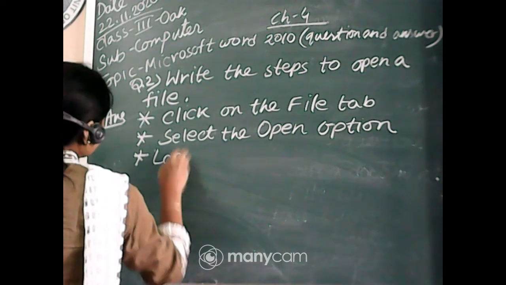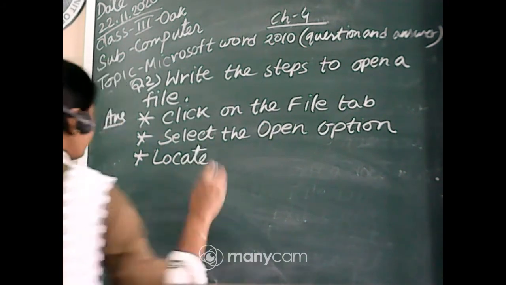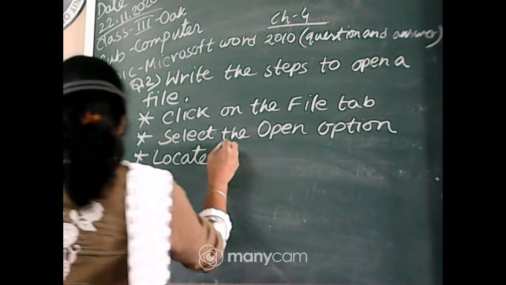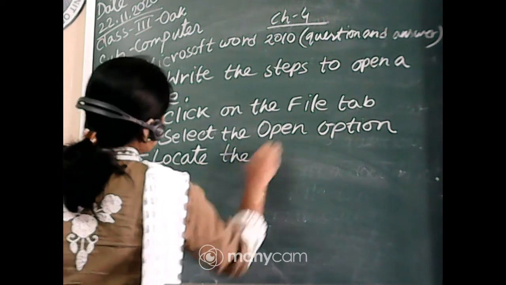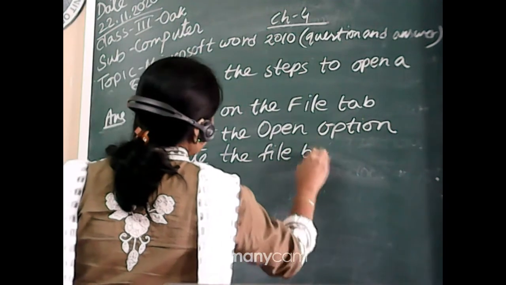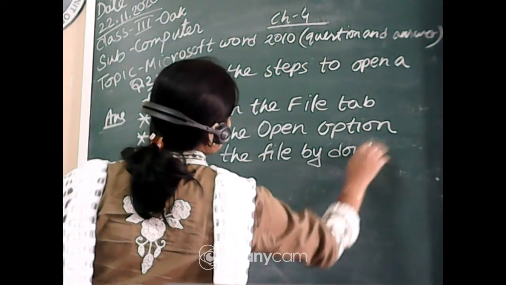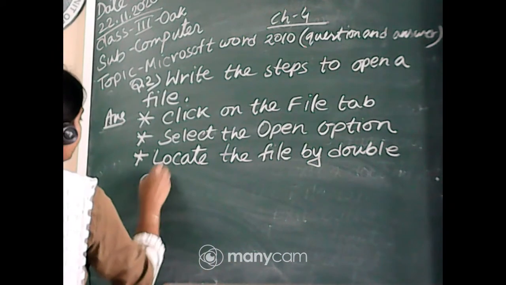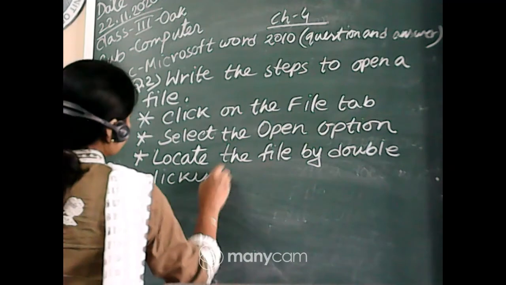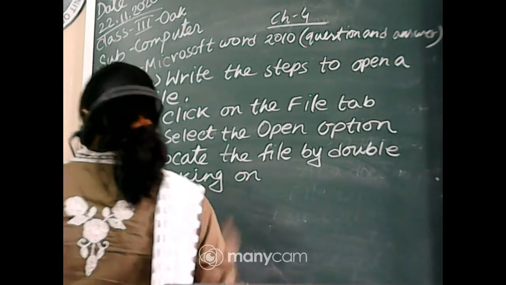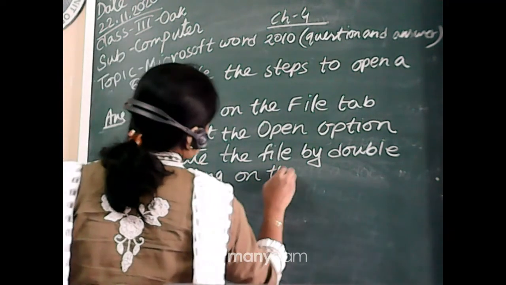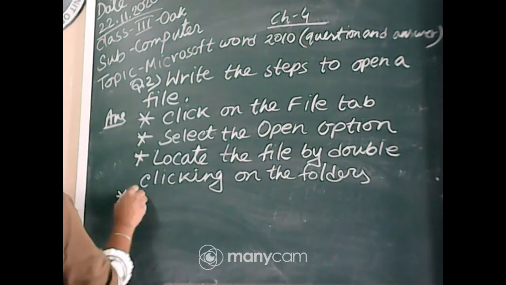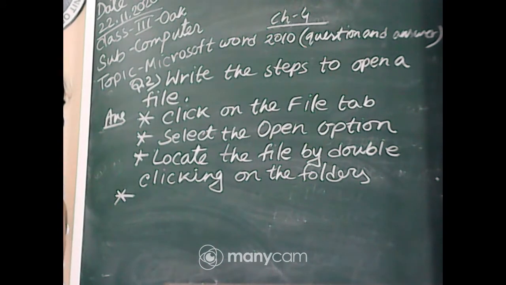Then locate where your file is located. Locate the file by double clicking on the folders. Then fourth step, select the file by clicking on it.